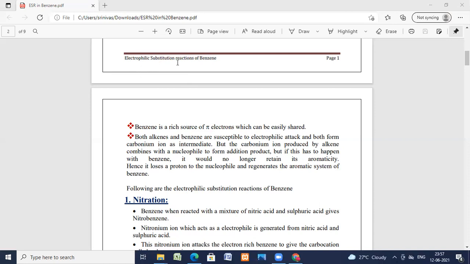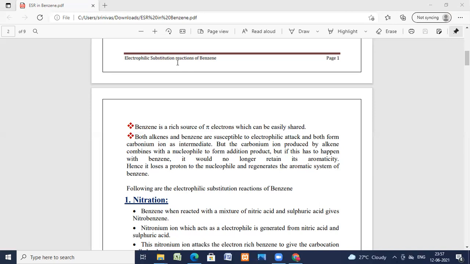Examples: nitration, halogenation, sulfonation, Friedel-Crafts alkylation. All these come under electrophilic substitutions. Today I'm going to discuss in detail the nitration and sulfonation.